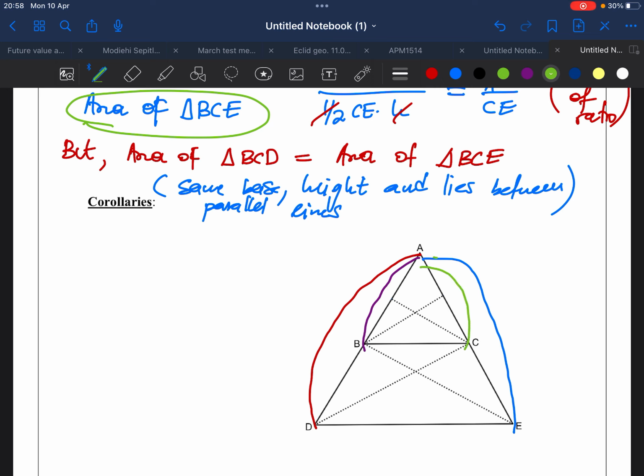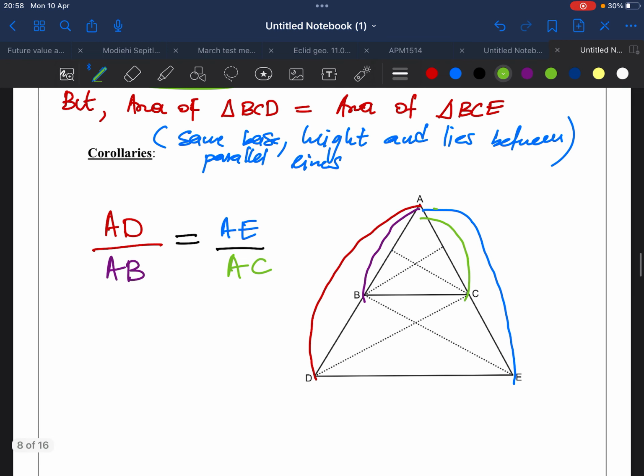So we have AD over AB, which is equivalent to AE over AC. That's our first corollary of this theorem, corollary number 1.